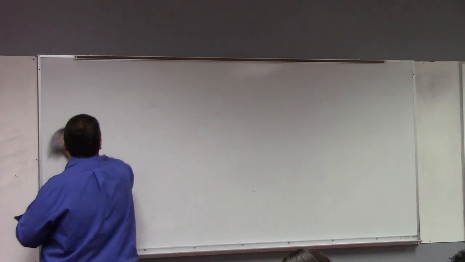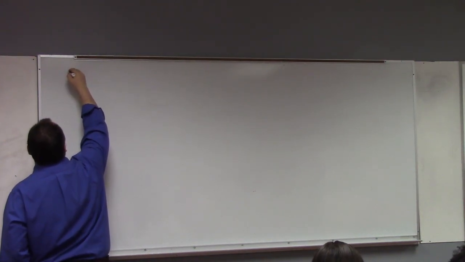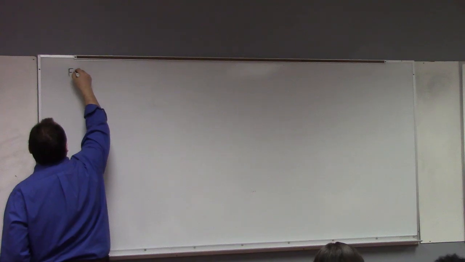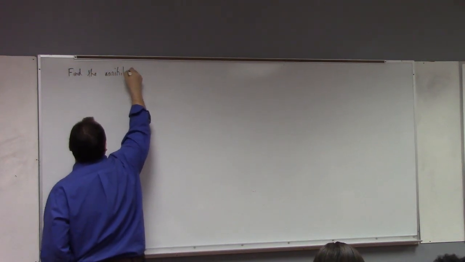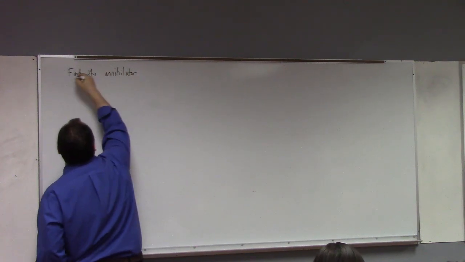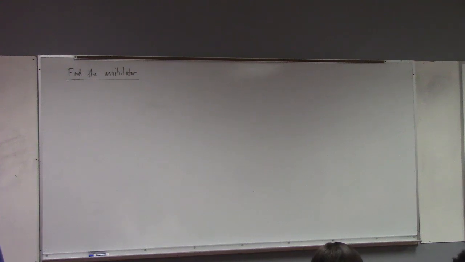So let's try it out. So let's find the annihilator. We'll do more. I'm not done. We'll do more examples next class, all right? The algebra, for a given example, gets more troublesome than what we've done today, all right?